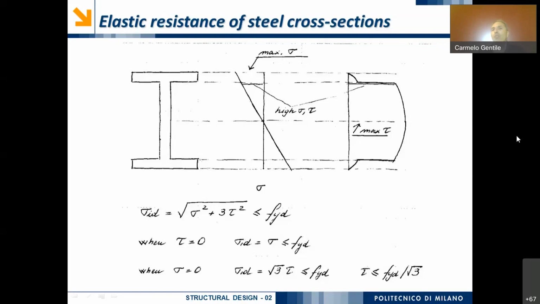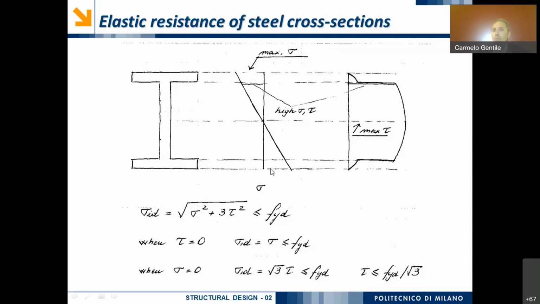So it is interesting to observe that in this condition, which is basically an almost general condition for beams, what happens? Happens that I have the maximum stress corresponding to top and bottom fibers where the shear stress is equal to 0.